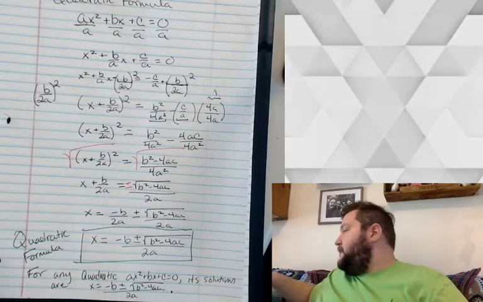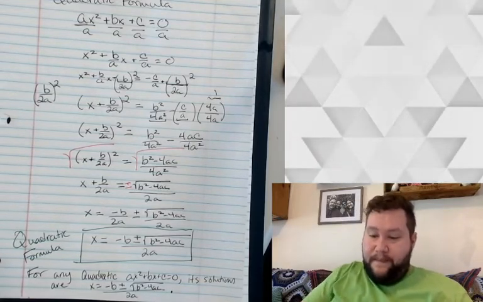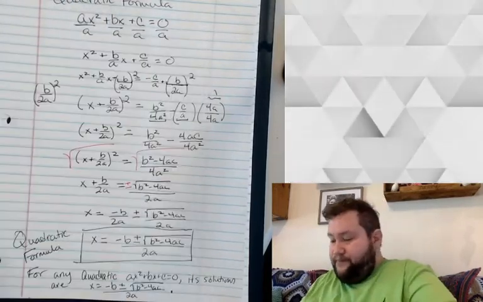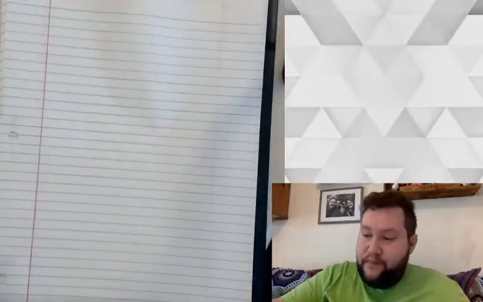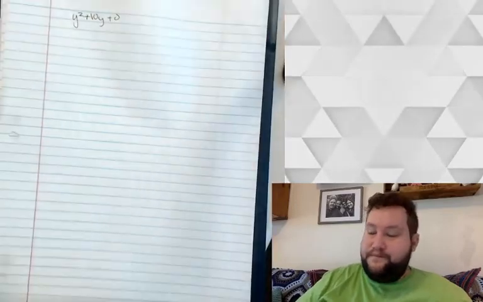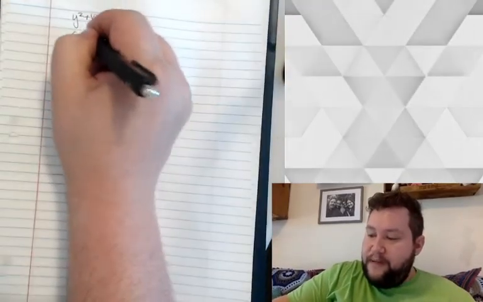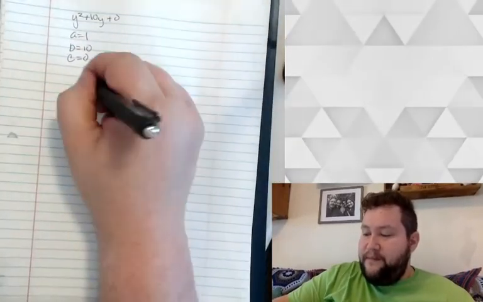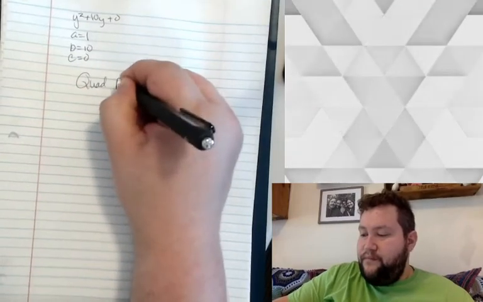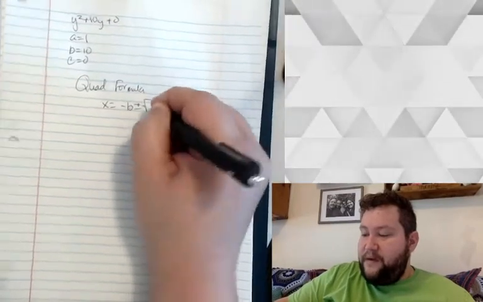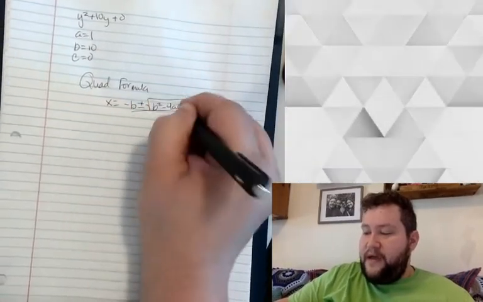So let's look at some of our examples we've done already. So here we had y squared plus 10y, y squared plus 10y plus 0. So a equals 1, b equals 10, and c equals 0. The quadratic formula tells us that x equals negative b plus or minus the square root of b squared minus 4ac all over 2a.